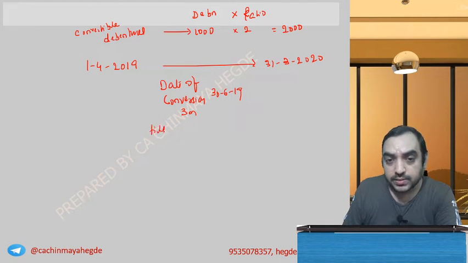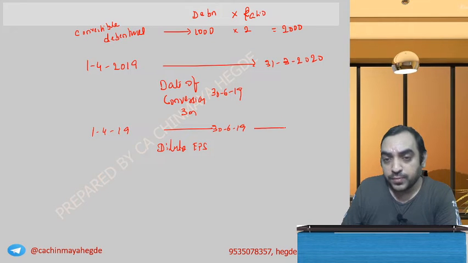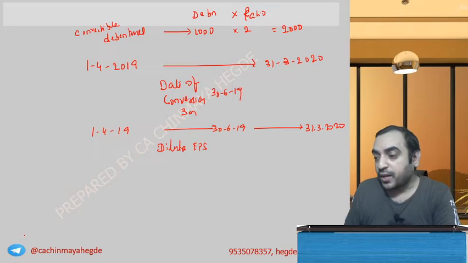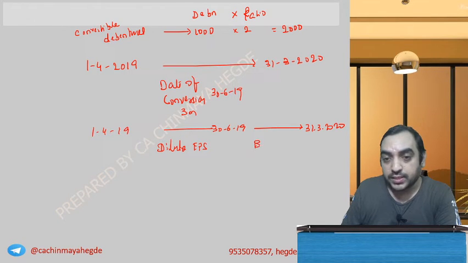Till 30th of June. So can I say from 1st of April 2019 till 30th of June, it will be a part of dilutive EPS. From 30th of June till 31st of March, it will be part of basic EPS. Am I right here?